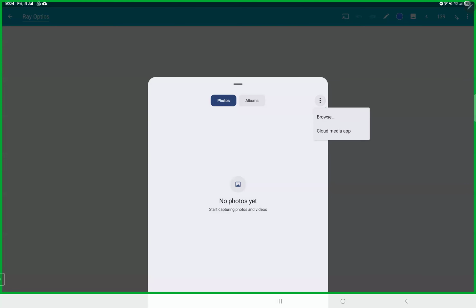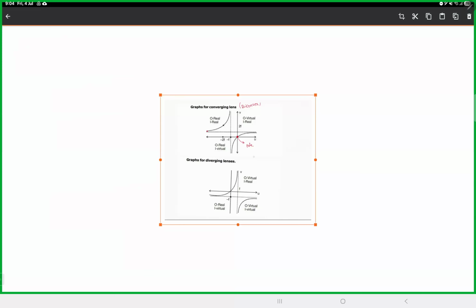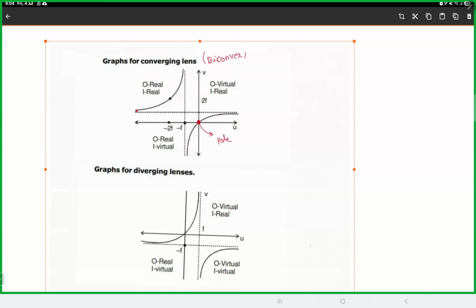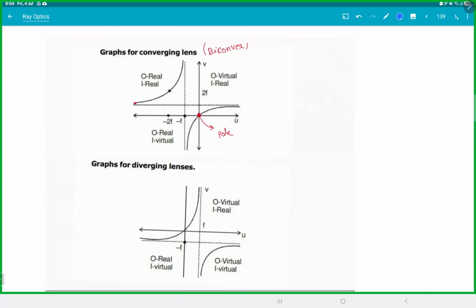And same thing, we draw the graphs, remember? So we also have graphs here. This is the graph for U and V in case of lenses. This is your X and Y axis.